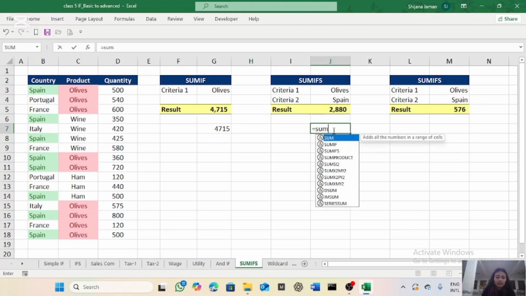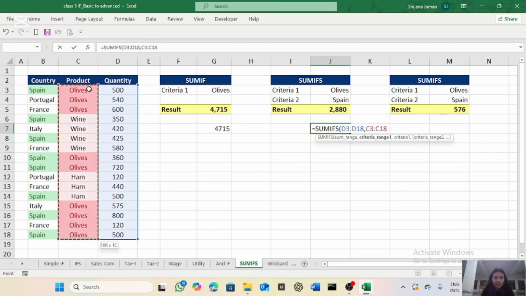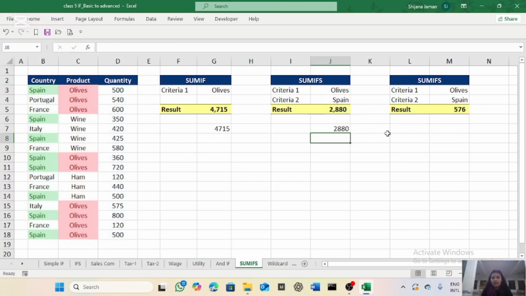Equal SUMIFS, sum range means our quantity range, comma, criteria range 1, our product range, criteria 1 is olives, comma, criteria 2 range, criteria 2 is Spain, that's why we have to select the entire country range, comma, criteria 2 select, press enter. Yes, this is our result.